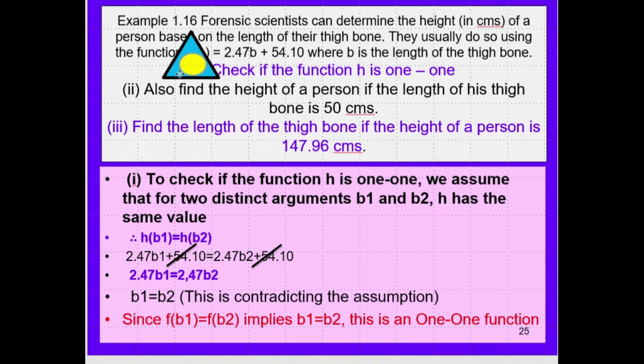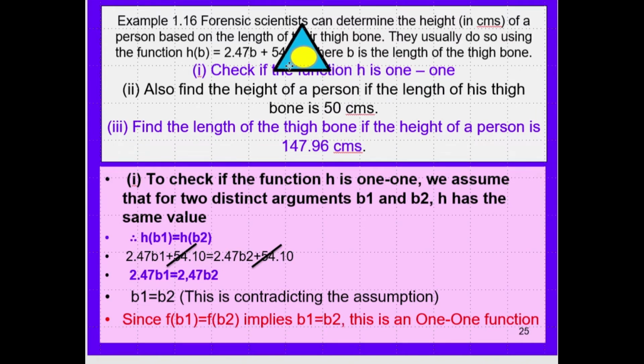Example 1.16. Forensic scientists can determine the height in centimeters of a person based on the length of their thigh bone. They usually do so using the function h(b) equals 2.47b plus 54.10, where b is the length of the thigh bone. Check if the function is one-to-one.